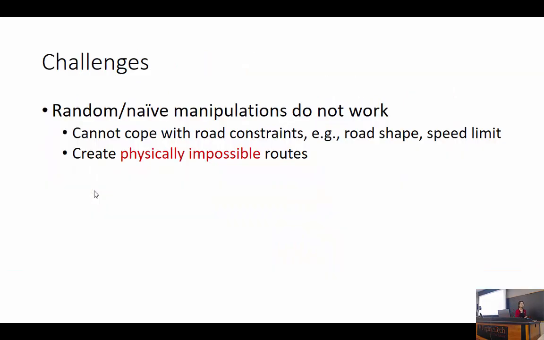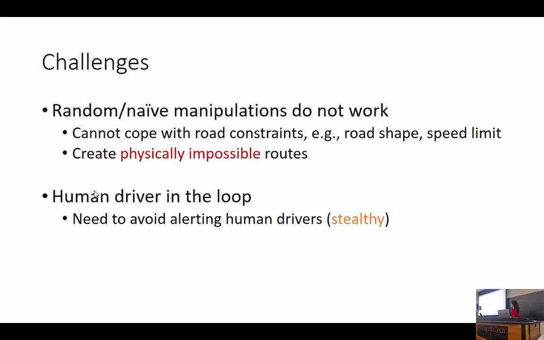So this example shows that if you want to use GPS spoofing to attack navigation systems, random naive manipulation won't work, because it won't cope with road constraints, for example the road shape and the speed limit. If you ask users to drive 60 miles per second while they are obviously driving on a local path, the user can probably realize something is not right. It can create a physically impossible route. It asks users to turn left, but there's no street where you can turn left.